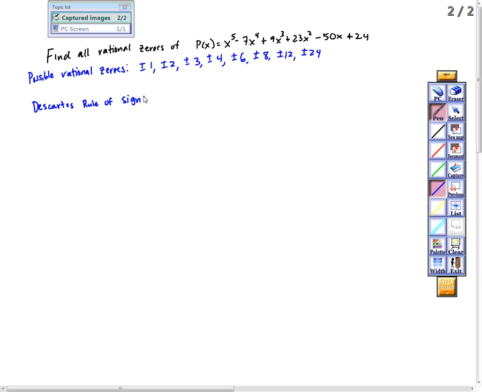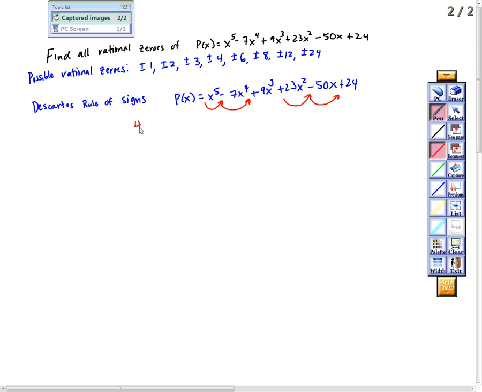So for Descartes' Rule of Signs, to find the number of positive real zeros, we look for sign changes in the original. Okay, so here's a plus changing to a minus, 1, 2, no sign change here, 3, and 4.